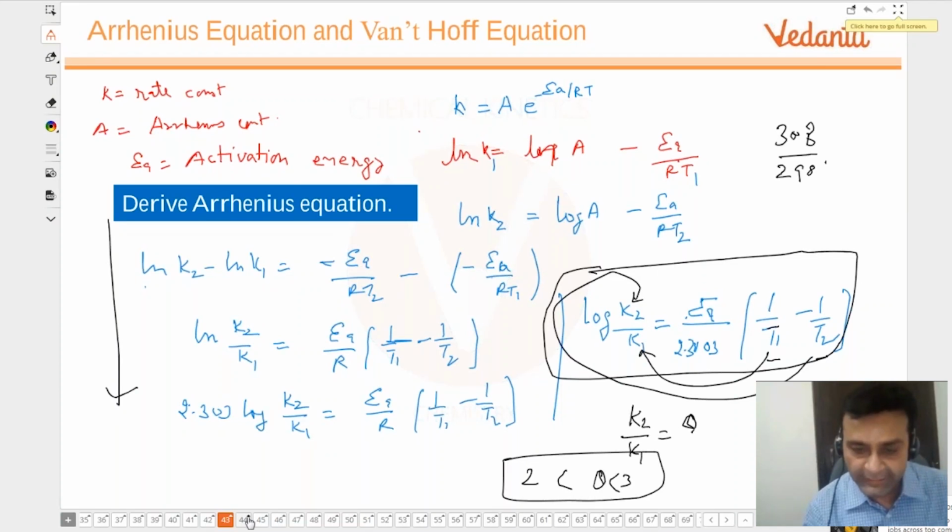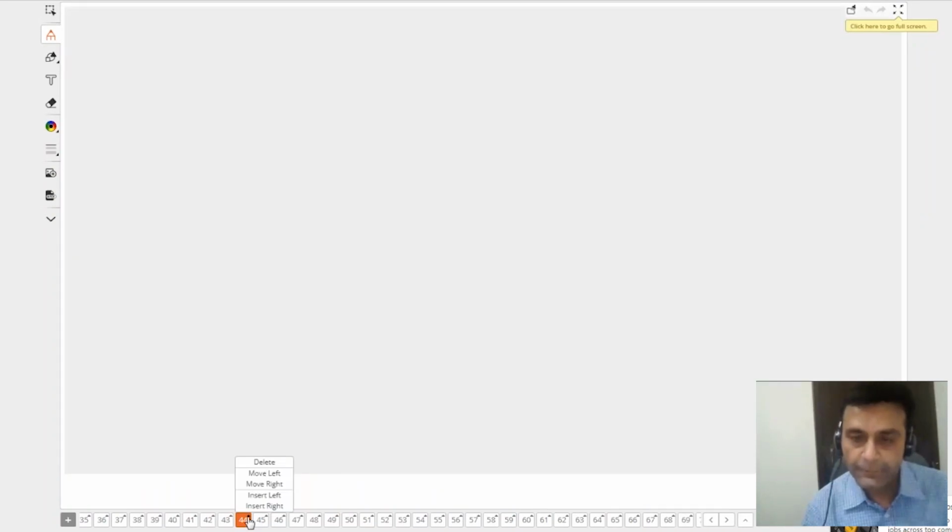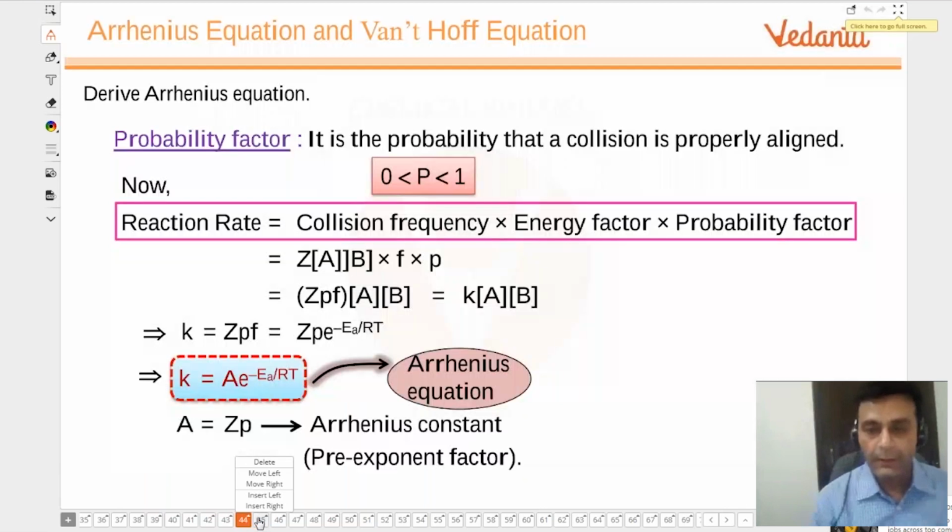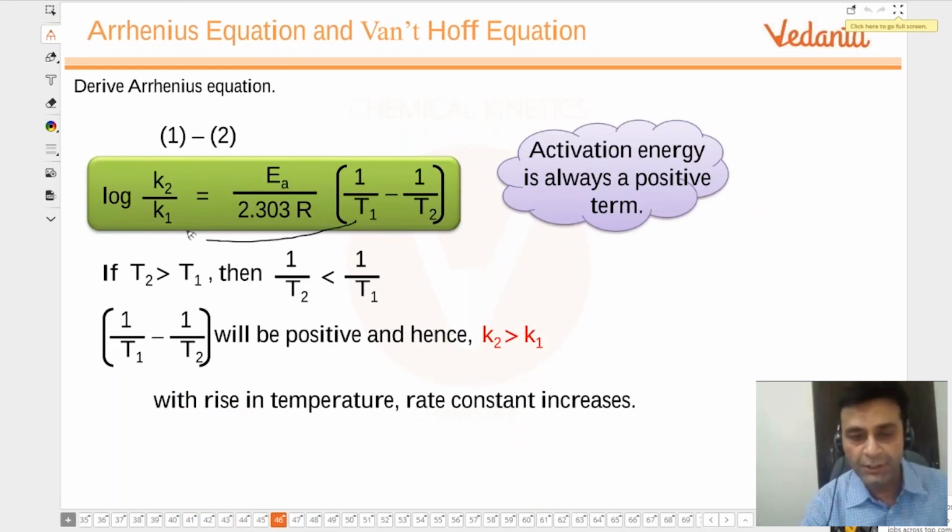I say like this. At temperature T1, the rate constant is K1. Is this clear? And at temperature T2, the rate constant is K2. And I keep the temperature difference T2 minus T1 equal to 10. It means I'm getting the rate constant K1 at temperature T1 and K2 at temperature T2.